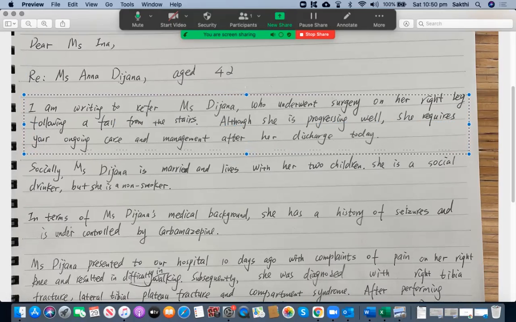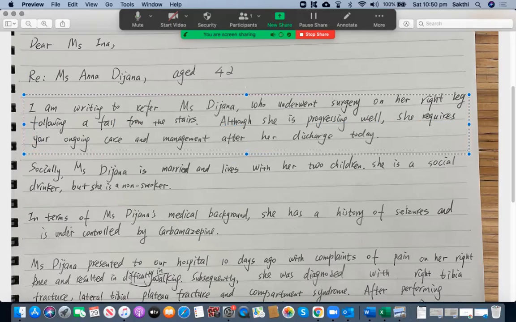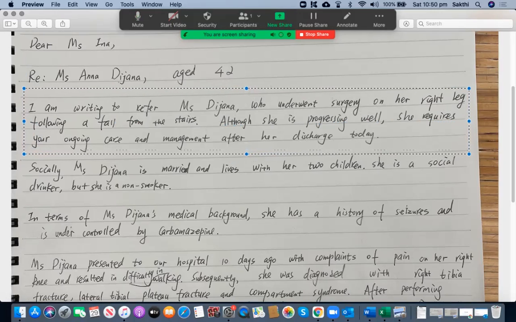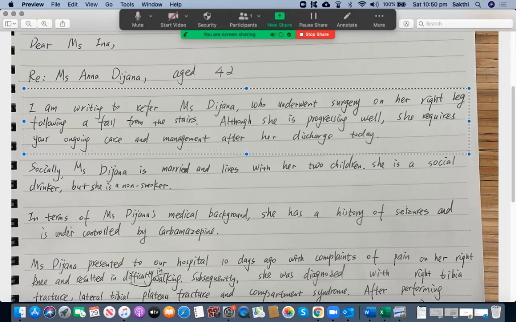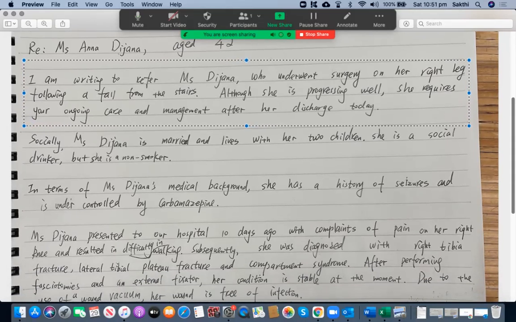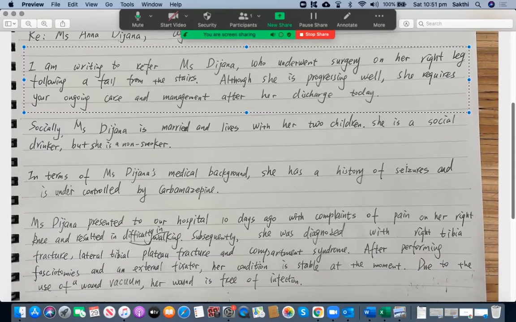Perfect. So her introduction paragraph sounds really good. She has clearly conveyed the purpose of the letter. She has stated the problems of the patient, and then she has also mentioned what kinds of services are required from the addressee. So this is one of the best introduction paragraphs Alice has written so far.